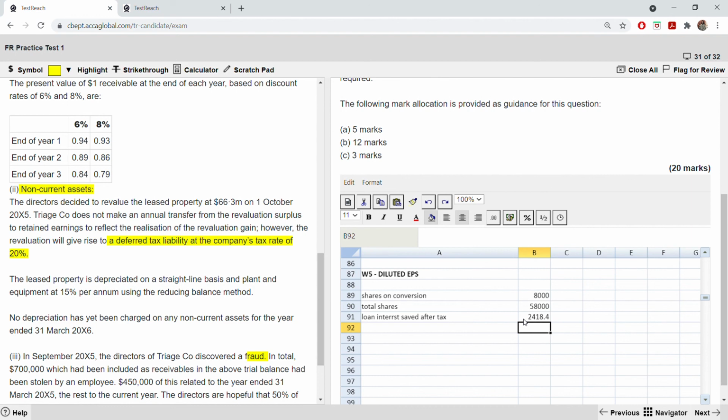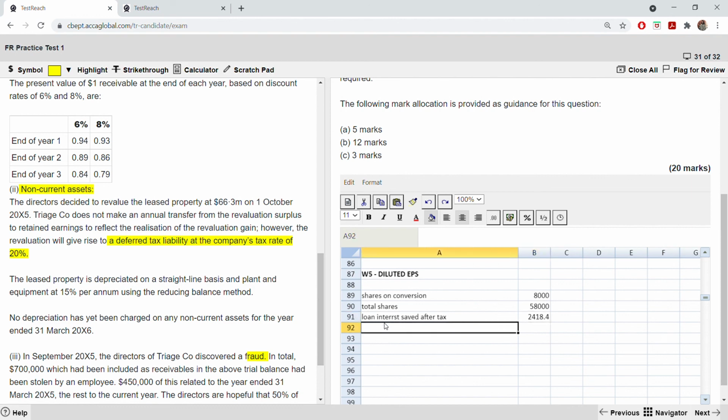Giving adjusted earnings. So what is the adjusted earnings? This now will be added to your profit after tax. Why? This will be added to your profit for the year, because you are saving this tax. It was an expense which was deducted to get the profit. Now it will be added back to get your earnings. So what is the adjusted earnings?